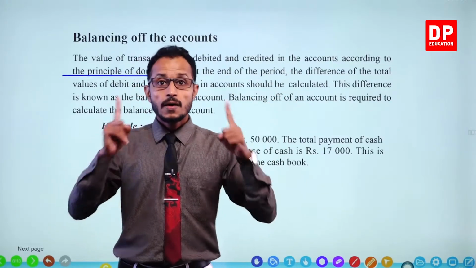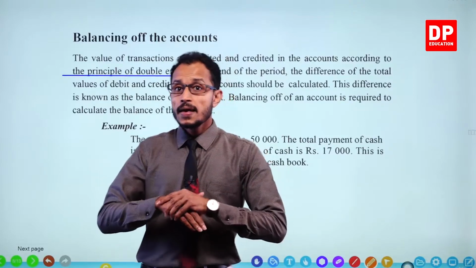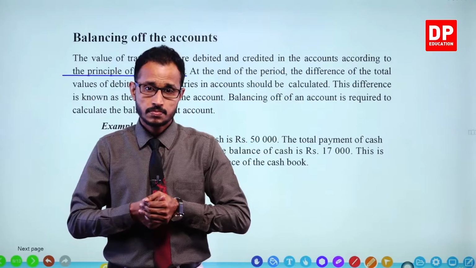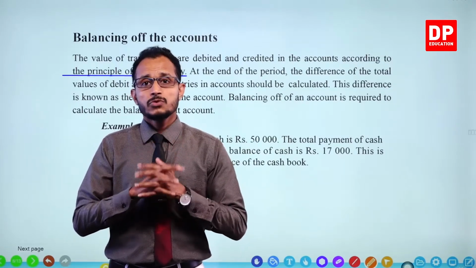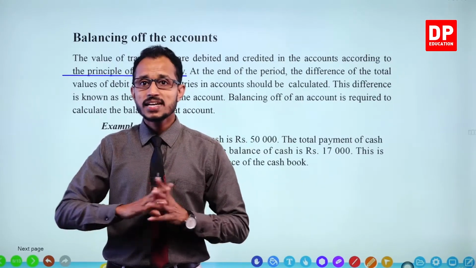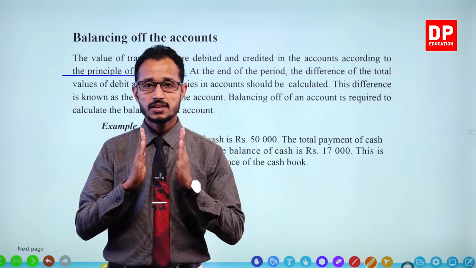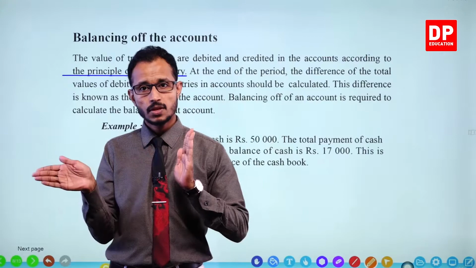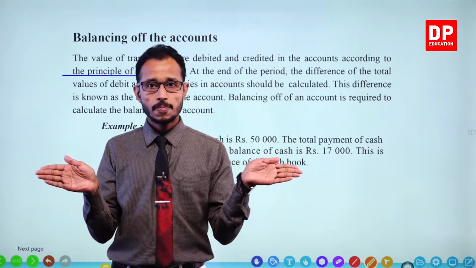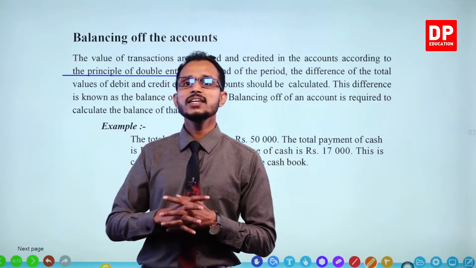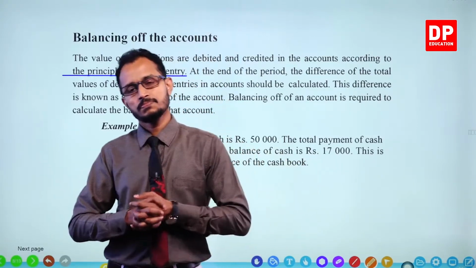Okay, but when we balance these accounts, children, we have to take the debit side total, take the credit side total, and see the difference between the two sides.